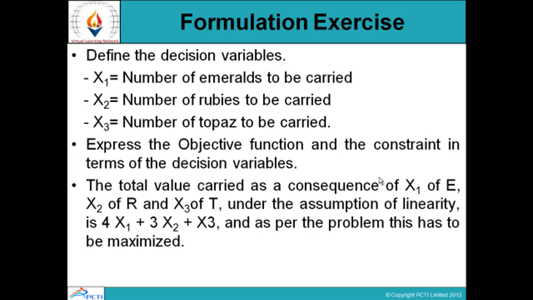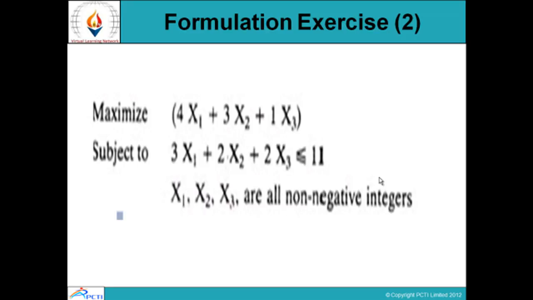The total value carried as a consequence of x1 of E, x2 of R and x3 of T, under the assumption of linearity, is 4x1 plus 3x2 plus x3, and as per the problem this has to be maximized. Formulation exercise 2. Maximize 4x1 plus 3x2 plus 1x3 subject to 3x1 plus 2x2 plus 2x3 less than or equal to 11. x1, x2, x3 are all non-negative integers.